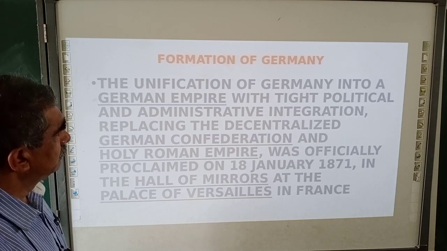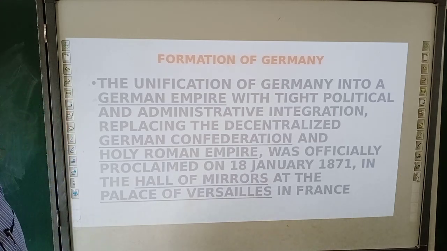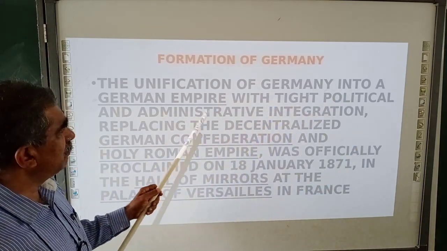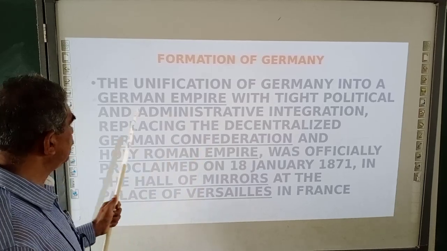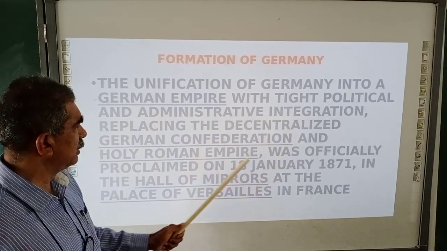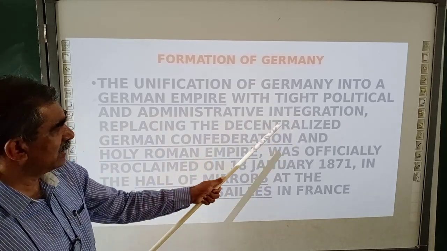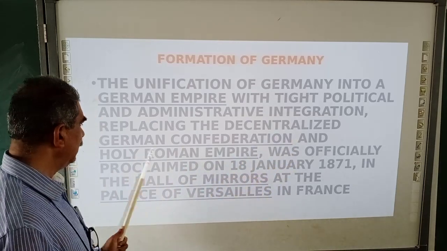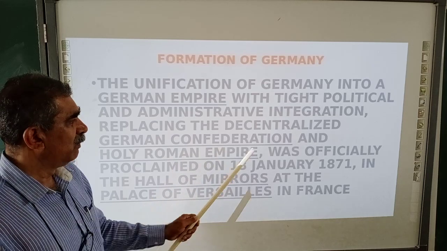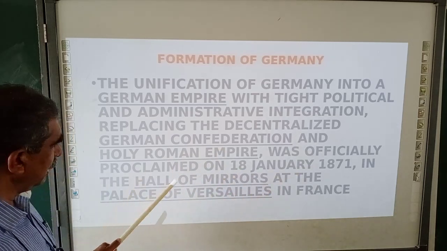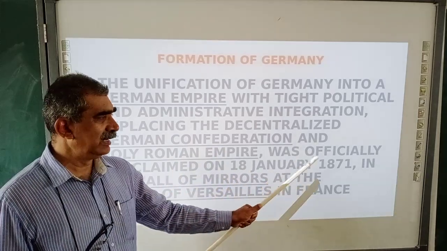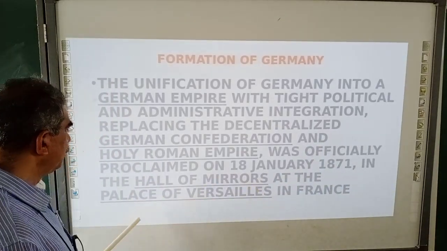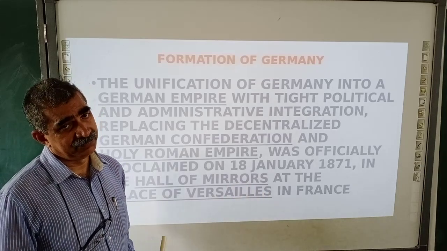Germany. Can you hear? The unification of Germany into a German empire with tight political and administrative integration, replacing the decentralized German Confederation and Holy Roman Empire, was officially proclaimed on 18th January 1871 in the Hall of Mirrors at the Palace of Versailles in France.